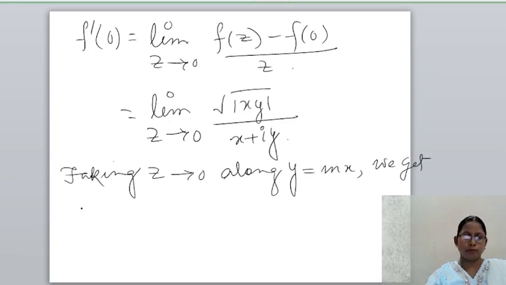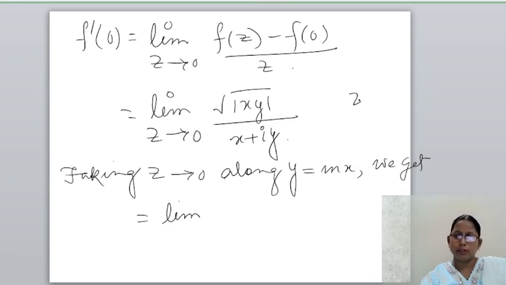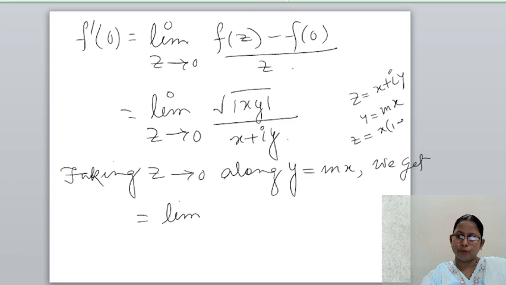We get the limit as z tends to 0. If we put y equal to mx, then z is x plus iy, and taking y equal to mx, z is converted in terms of x as x(1 plus mi). So as z tends to 0, our x tends to 0.